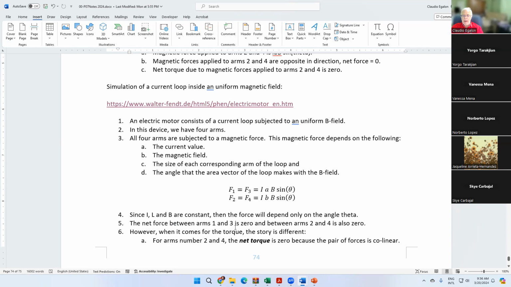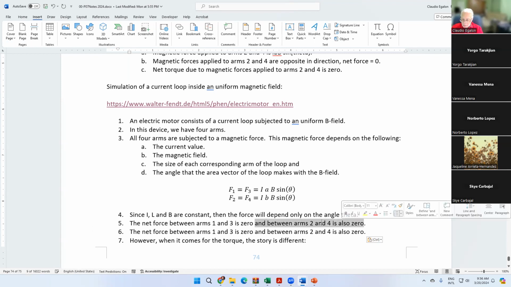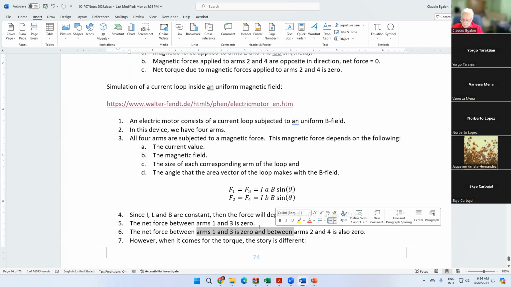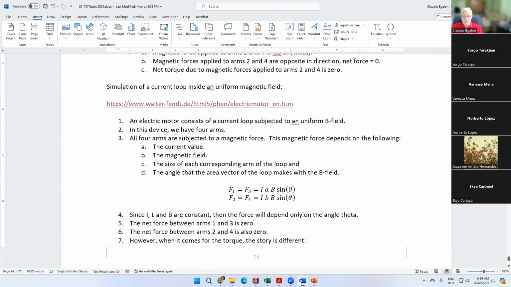The net force between arms 1 and 3 is 0. And the net force between arms 2 and 4 is also 0.